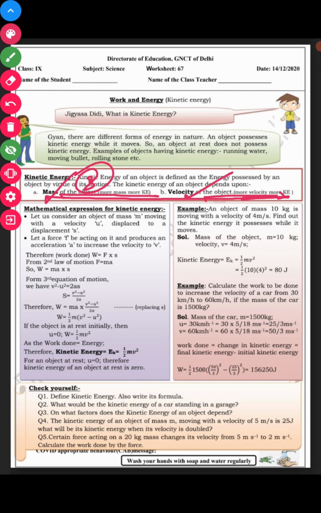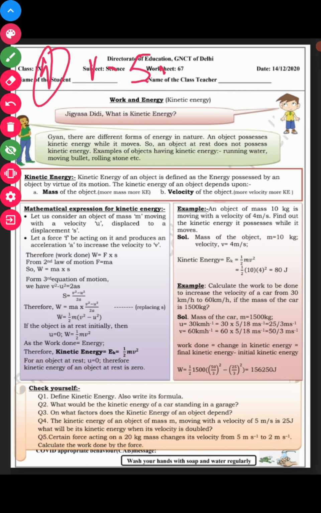Okay. Second, we have question 4. The kinetic energy of an object of mass m moving with a velocity of 5 meter per second is 25 joule. What will be the kinetic energy when its velocity is doubled? Okay, let's do this question. See, we are given velocity 5 meter per second, and second we have kinetic energy, that is 25 joule, and we have to find out the mass.